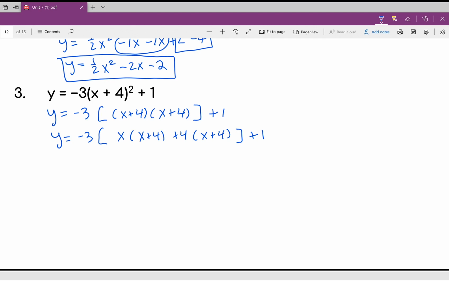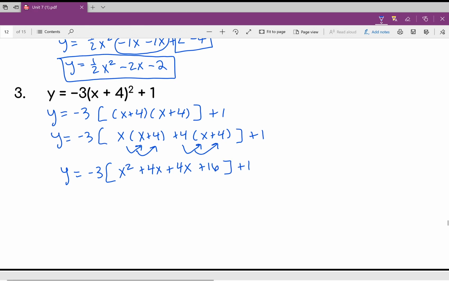Then I distribute inside, so the x and the 4. x times x is x squared, x times 4 is 4x, 4 times x is 4x, 4 times 4 is 16.